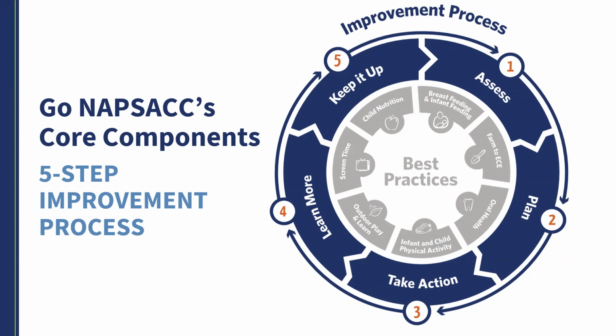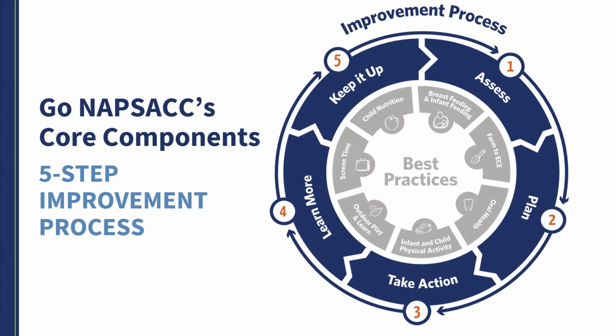The next step of Go NAPSACC surrounding those best practices is that 5-step improvement process, which you see here on the screen. That's the process that many of us use whenever we're going through change, but it's put in an organized way to help you as their consultant lead them through this process, and for the childcare provider to see exactly where they are in the process.